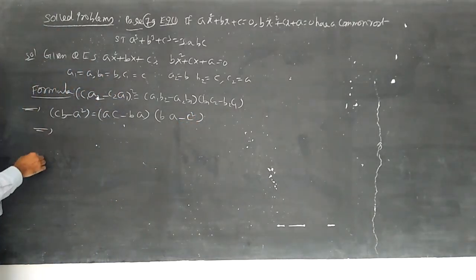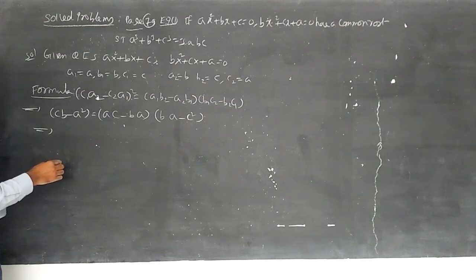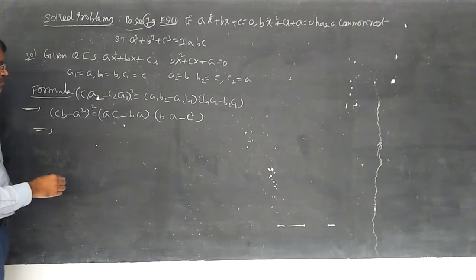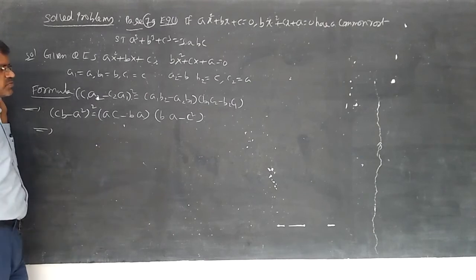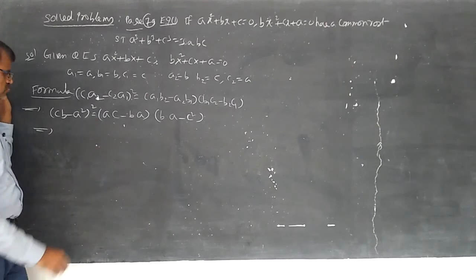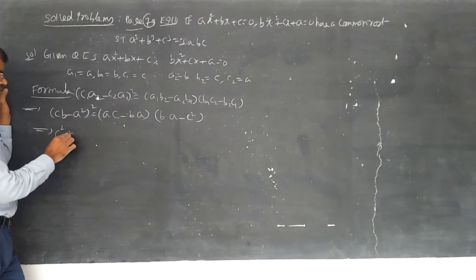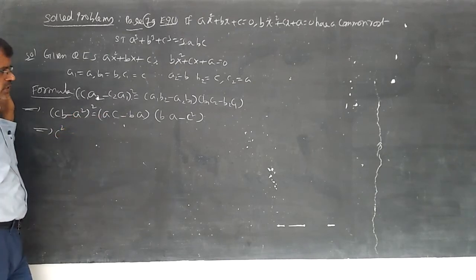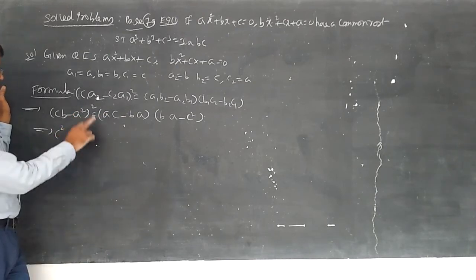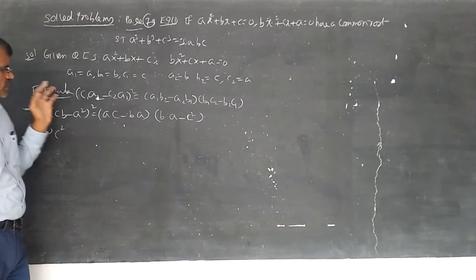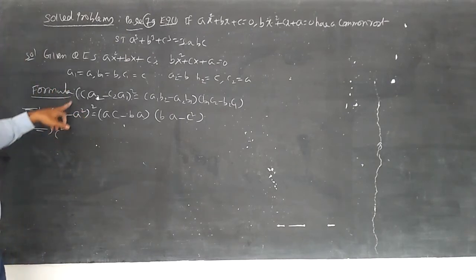So (CB minus A square) whole square is equal to (AC minus B square) into (BA minus C square). There is no possible common factor to take here.